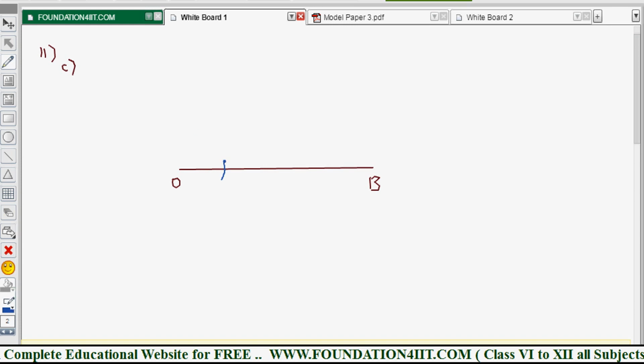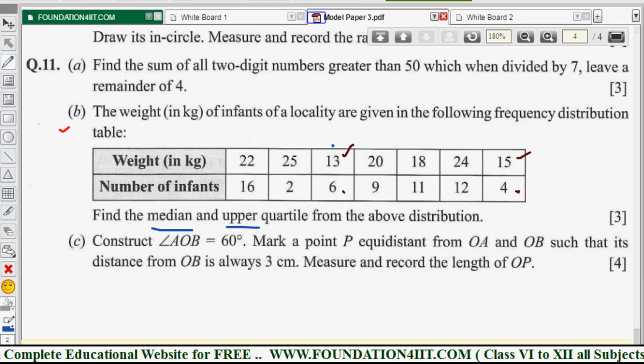Draw an arc from the center O, from the same length you can cut this and join the line from O to A. Roughly I am showing; you can find all the construction videos on the same channel. Just type construction in YouTube for this topic, you can find them there also. But you see how to do.